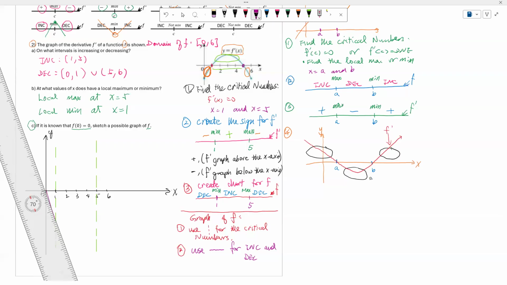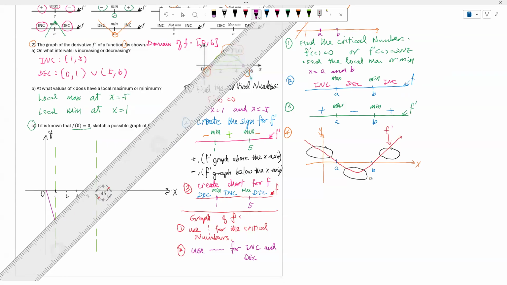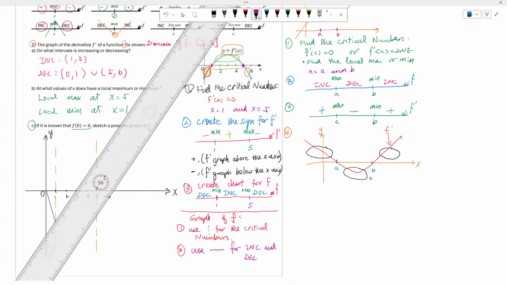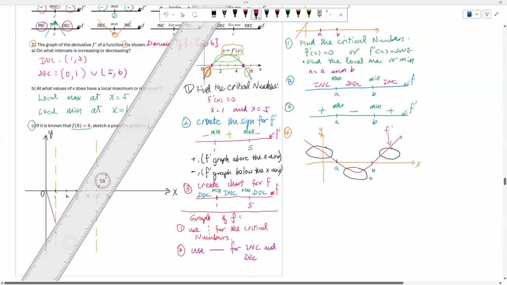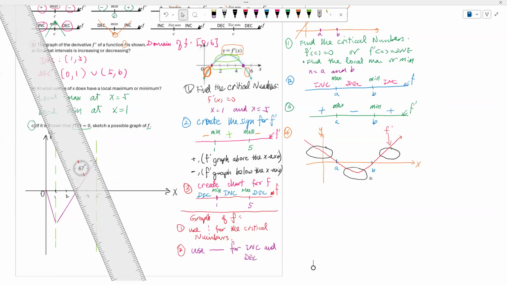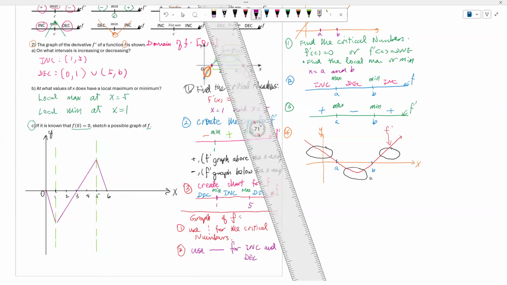And then the function is increasing. And decreasing again. Just like this. Okay.